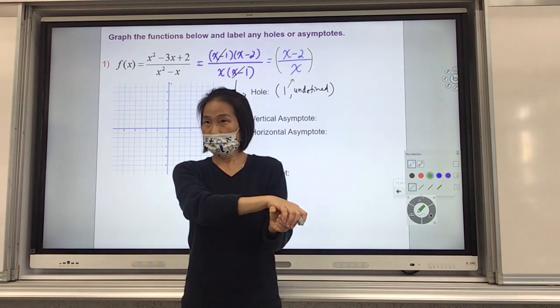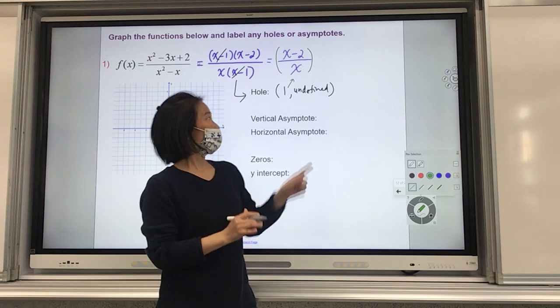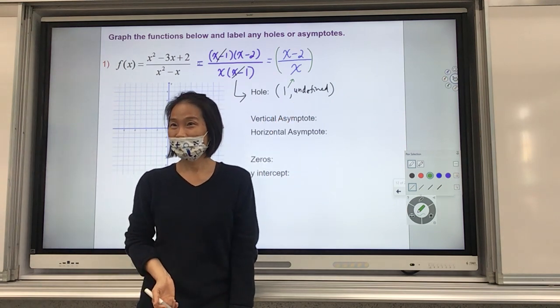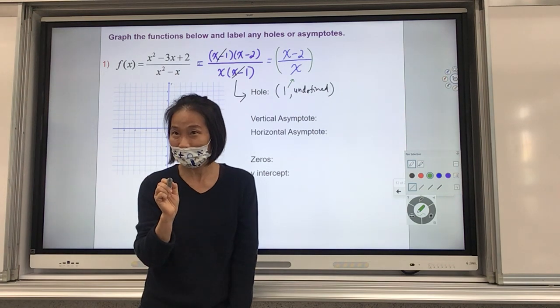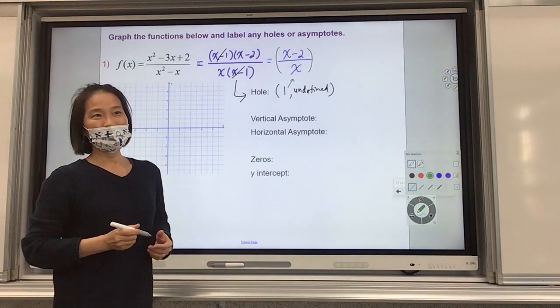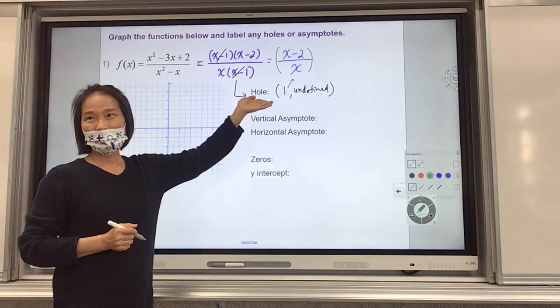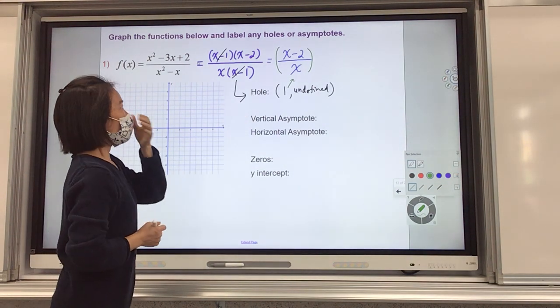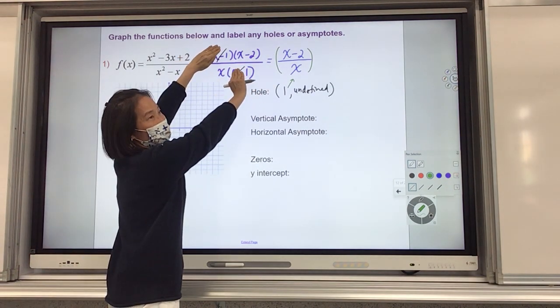Yeah, so it's not saying this point is defined. No, it's undefined, but where is it? Where's the hole? It's still just like, it's not there. The point itself is undefined. But we have to find that undefined point. Yeah, you're right, you have to plug it in. So that's why I can only plug it in after I get rid of that factor, right?